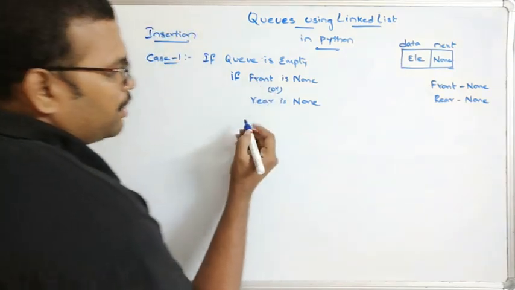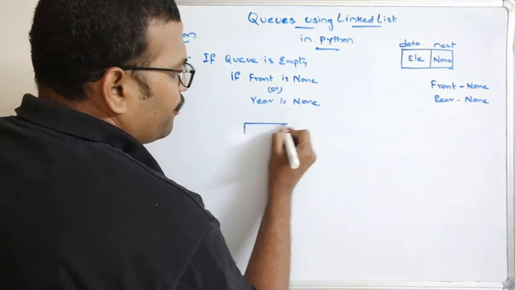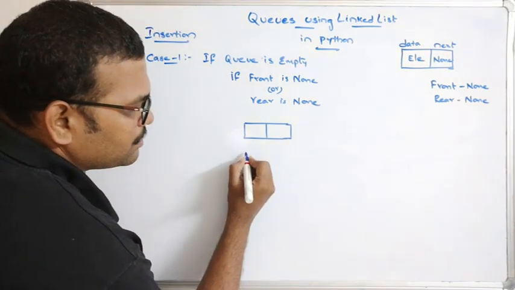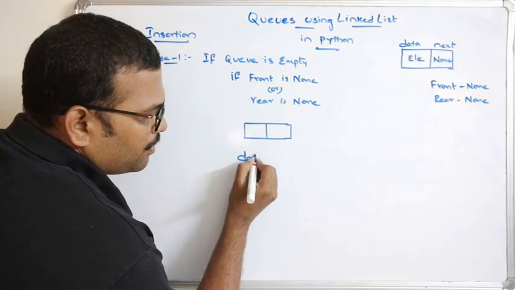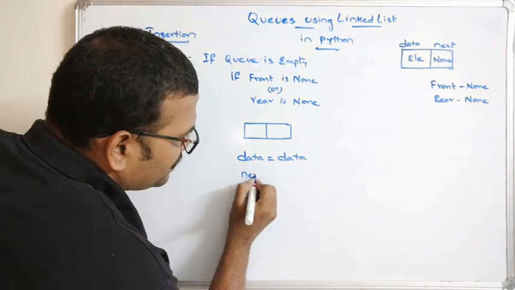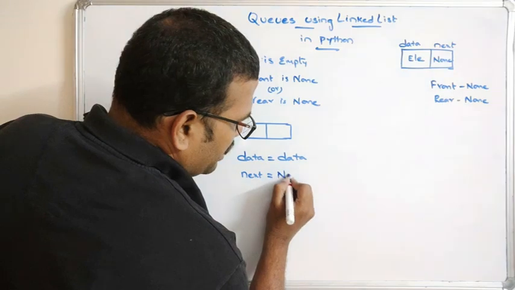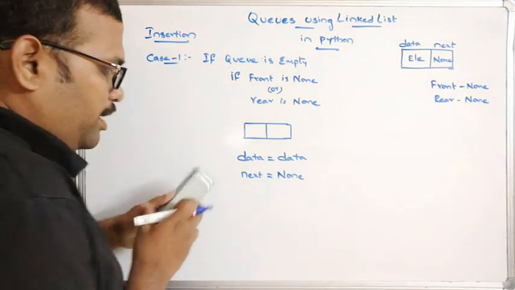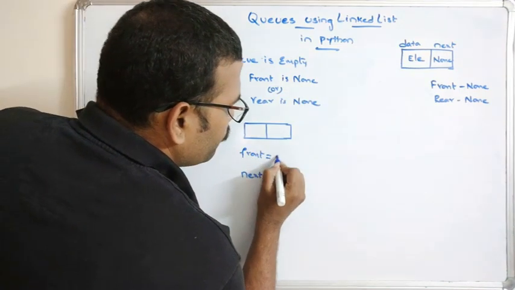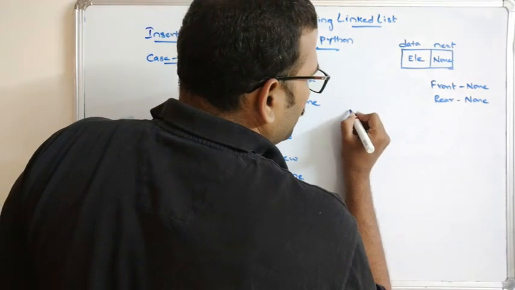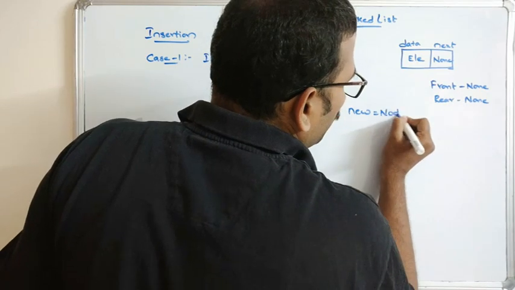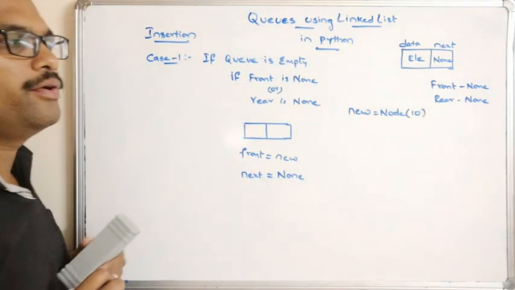If it is empty, we need to create a node and insert it, initializing data and next to none. How do we create it? new is equal to Node of 10.